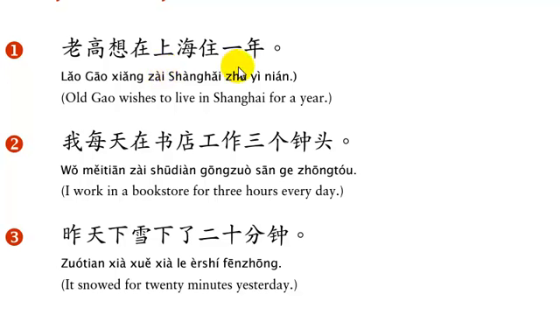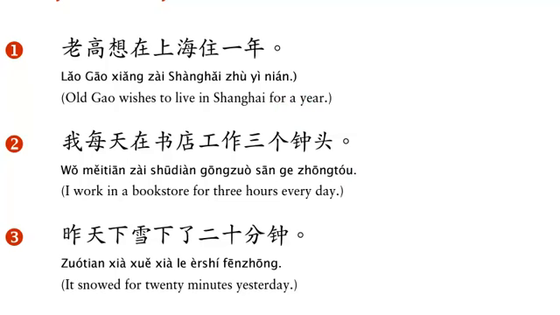Okay, so this looks very similar to English. 老高, Old Gao, 想, wishes, 在上海, in Shanghai, 住, that's the live. So the word order is the same, except this live, of course, appears after the place, 在上海, right? And then 一年, for a year.